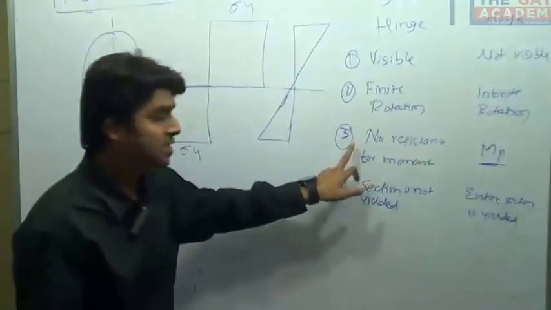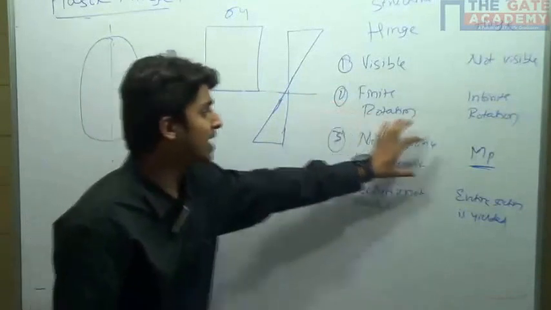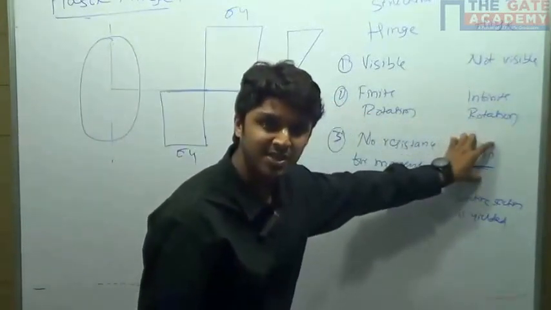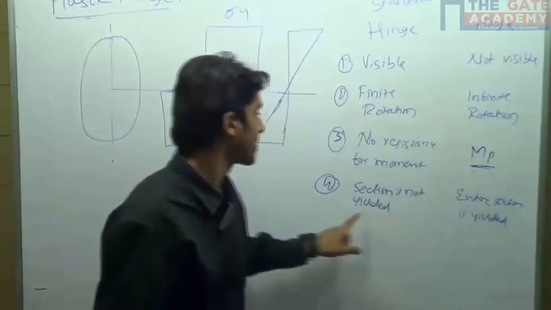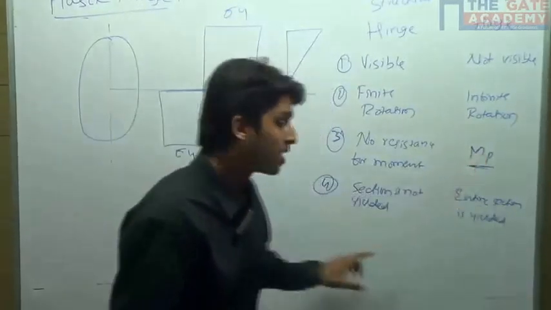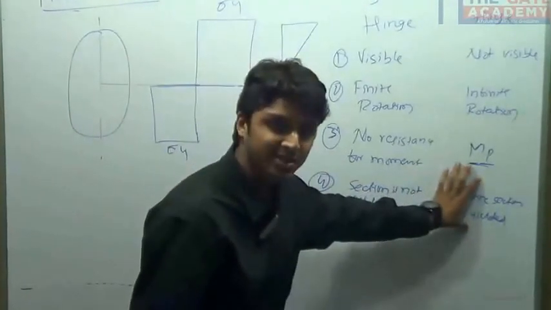There is no resistance for the moment in case of a structural hinge, whereas in case of a plastic hinge the resistance is equal to MP, the plastic moment. The section is not yielded, whereas here the entire section is yielded.